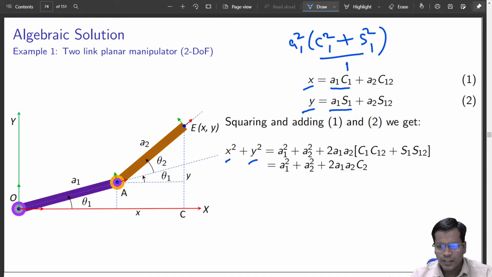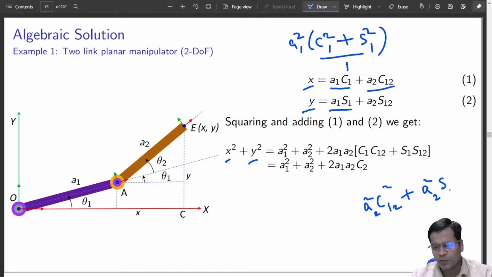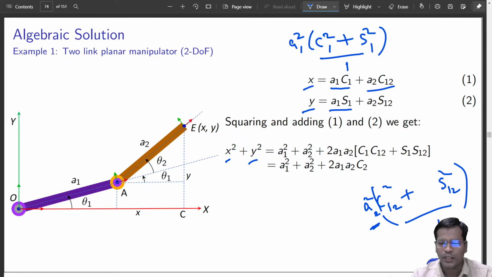Next term will be similar: a2 square c12 square plus a2 square s12 square. Take common, and you immediately get a2 square times c12 square plus s12 square, which is again 1, so this is a2 square. So this square plus this square finally takes you to a1 square plus a2 square.